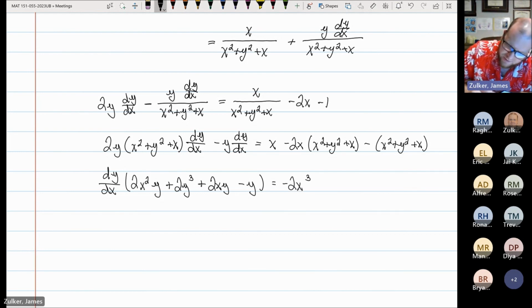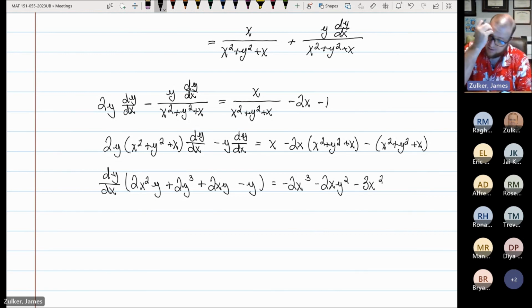That'd be negative 2x cubed minus 2xy squared. That's minus 2x squared minus an x squared is minus 3x squared. Then just minus y squared minus x. Too many minuses.